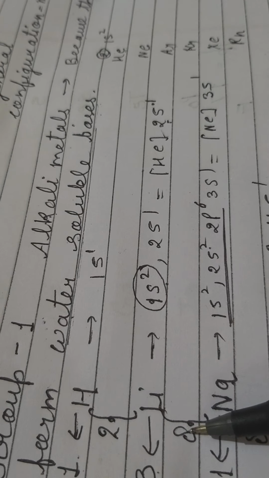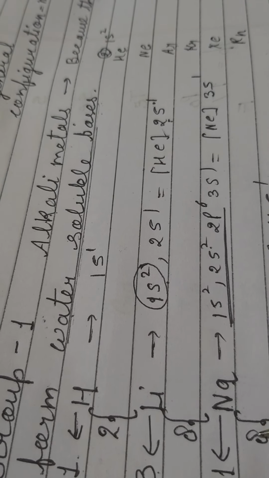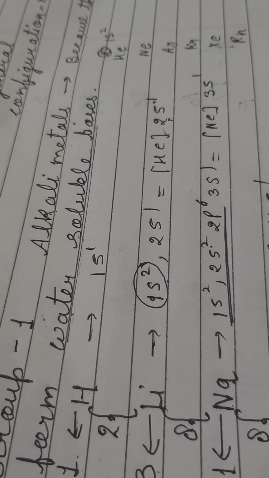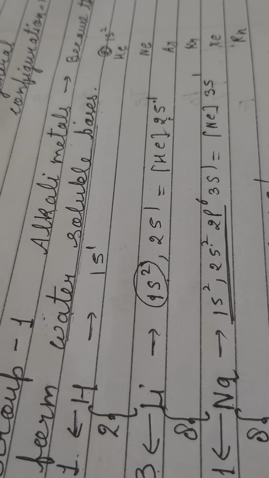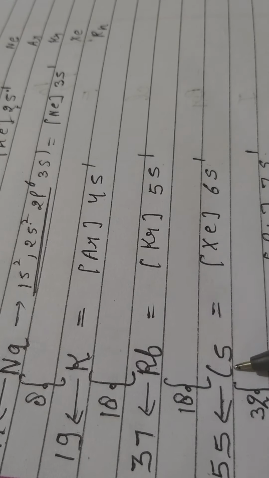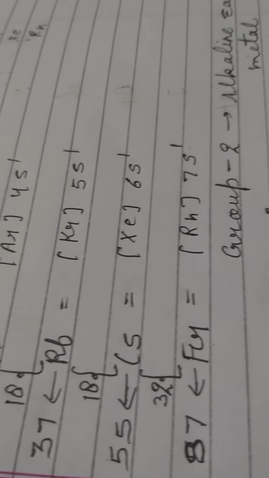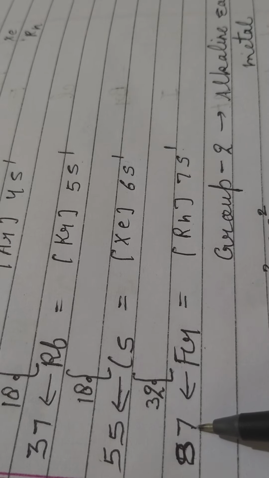After that 8 is added to get sodium, that is 11. Again 8 is added to get potassium, that is 19, and after that 18 and 18 are added for the next elements, and finally 32 is added to get francium, that is 87.